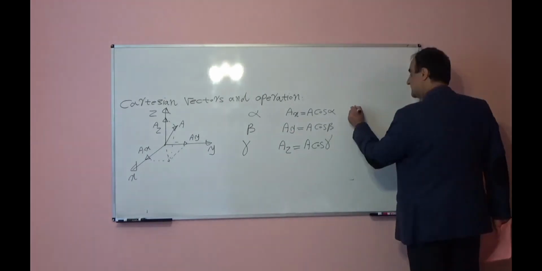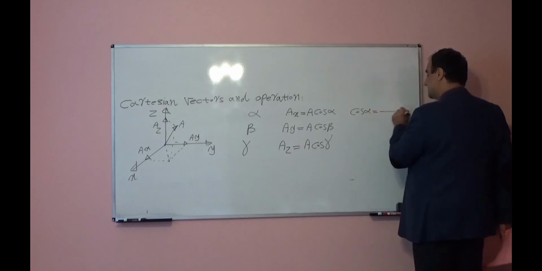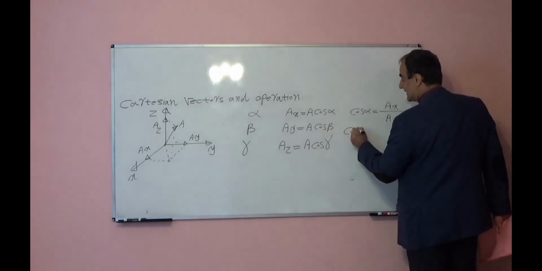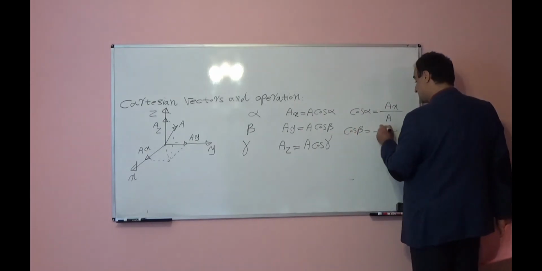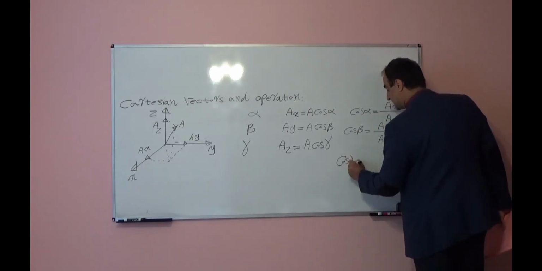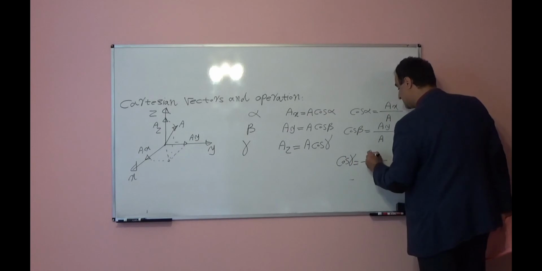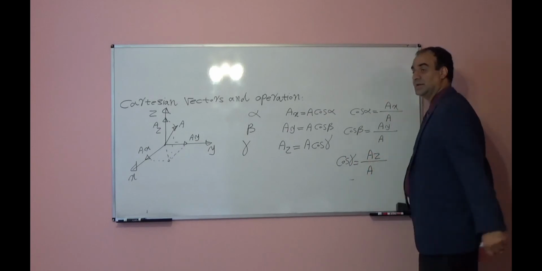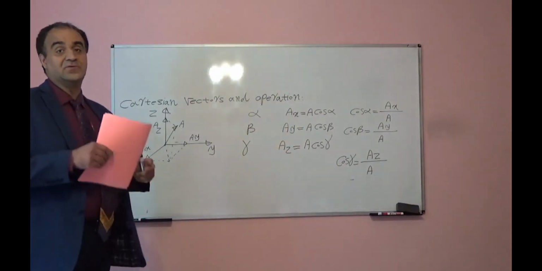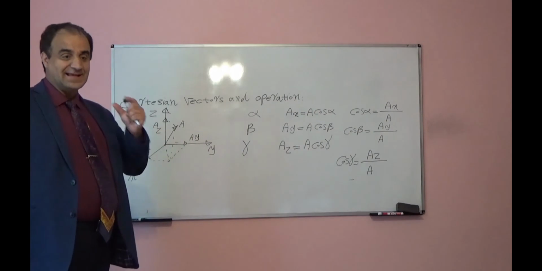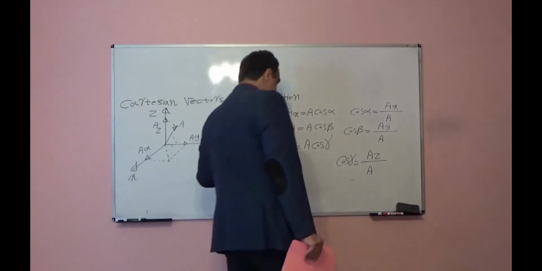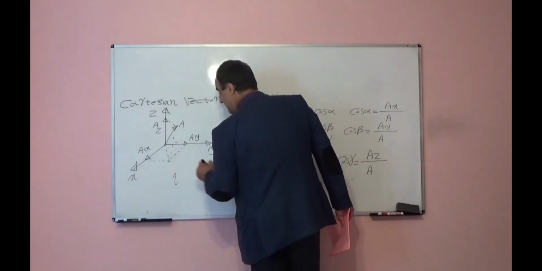or we can write cosine alpha is equal to Ax divided by A, cosine beta is equal to Ay divided by A, cosine gamma is equal to Az divided by A. And if we define unit vectors, meaning the length of the vector is equal to 1, the unit vector in the x direction will be i.